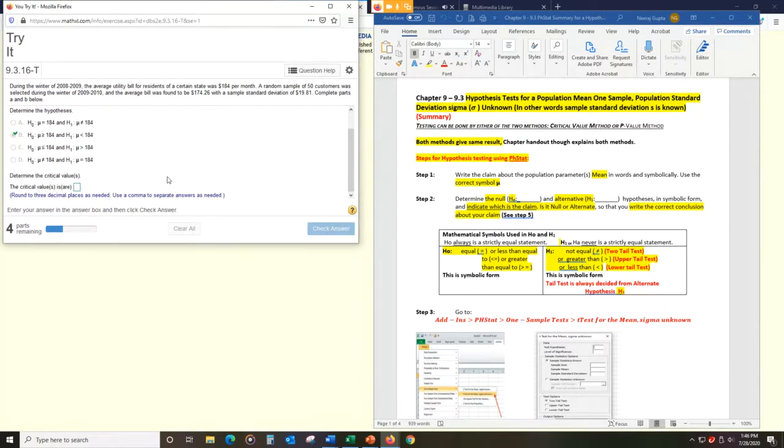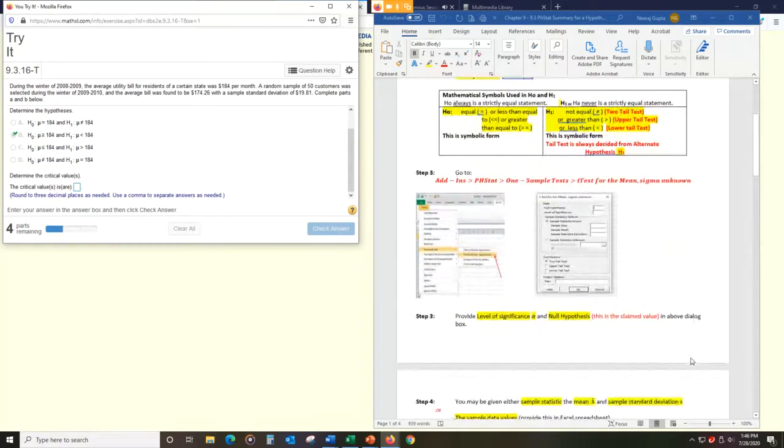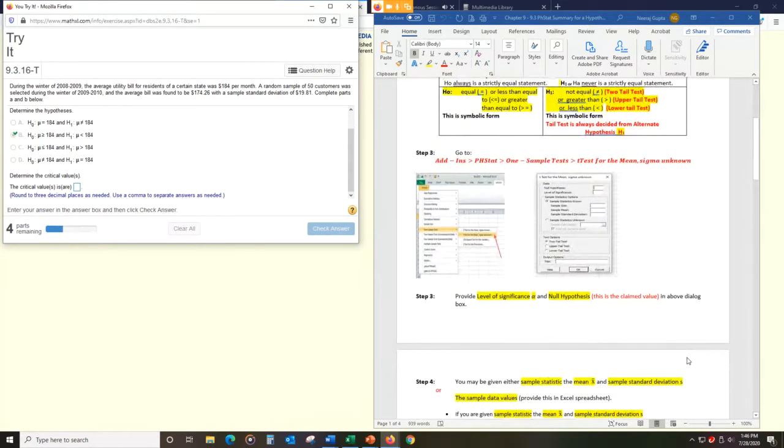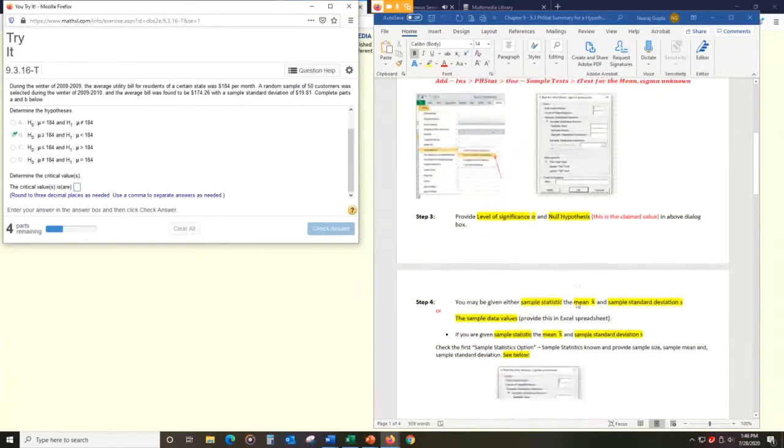Now I need to find the critical value. So to find the critical value, as I mentioned, that one window itself gives you everything. So we are going to go to our one sample test, t-test for the mean, sigma unknown, and then I will provide the values in the dialog box, and then I will show up here.